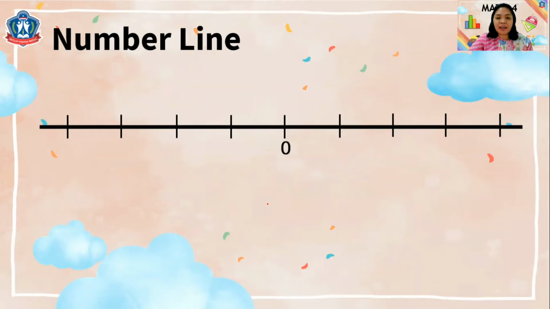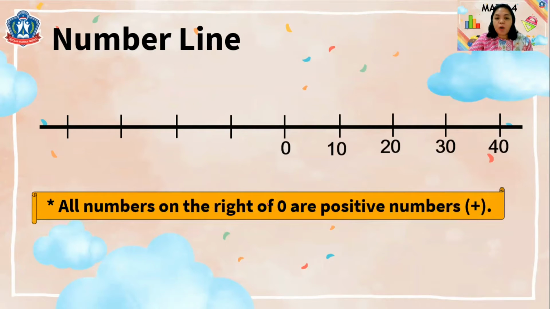All numbers that are located on the right side of 0 are the positive numbers. We can use a plus sign to denote the positive numbers. We can name them as positive 10, positive 20, positive 30, and positive 40. Or without using the word positive, by simply naming them as 10, 20, 30, 40, and so on, we know that they are positive numbers.